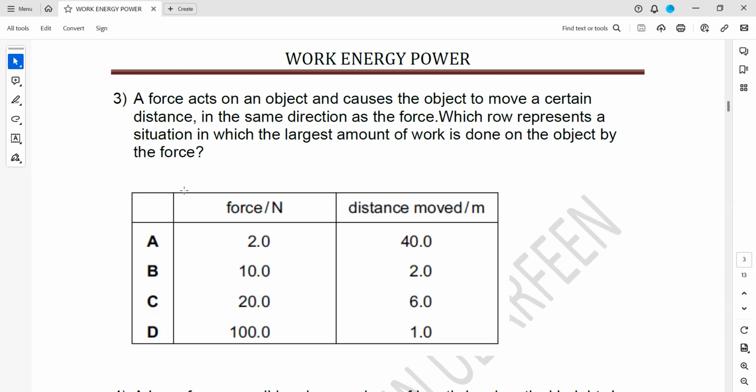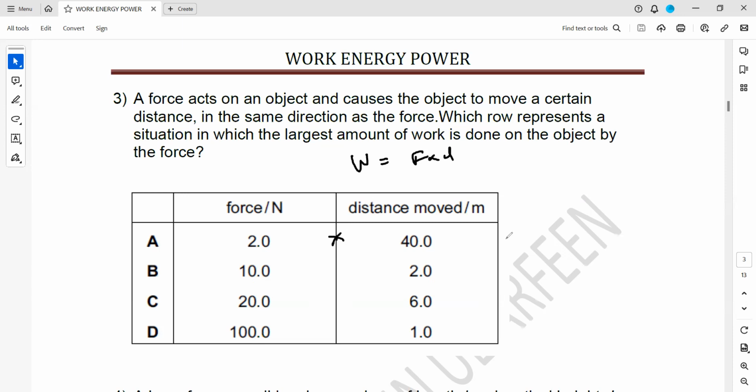A force acts on an object and causes the object to move a certain distance in the same direction as the force. Which row represents a situation in which the largest amount of work is done on the object by the force? Work done is a product of force and distance. When force is multiplied by distance, we get the work done.